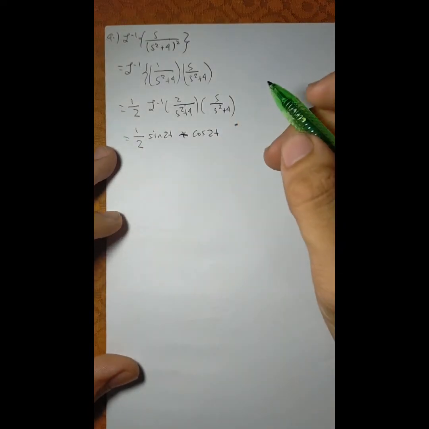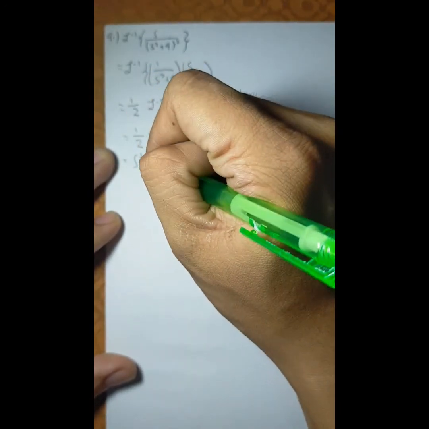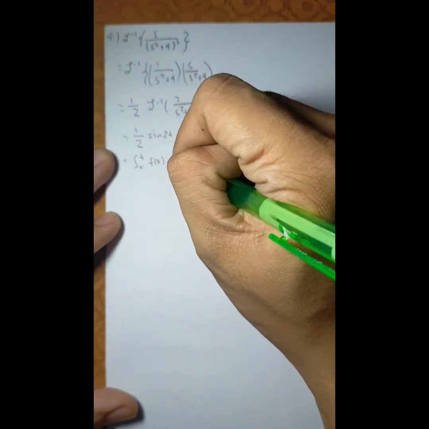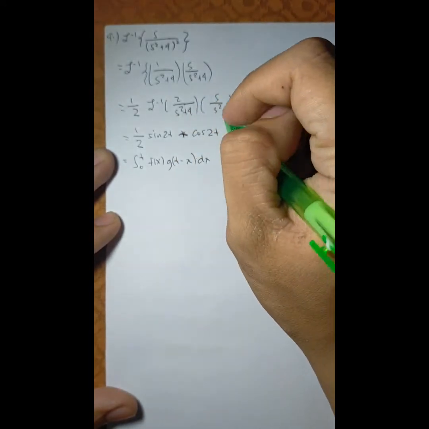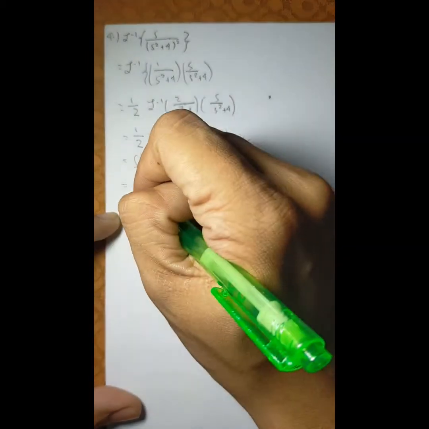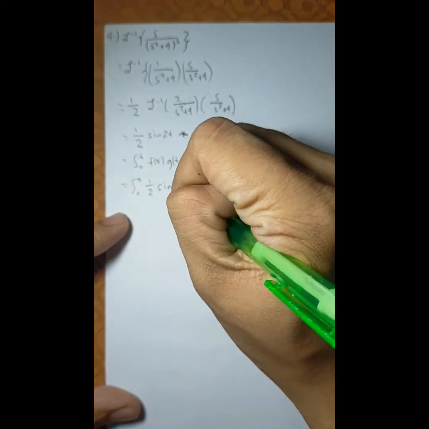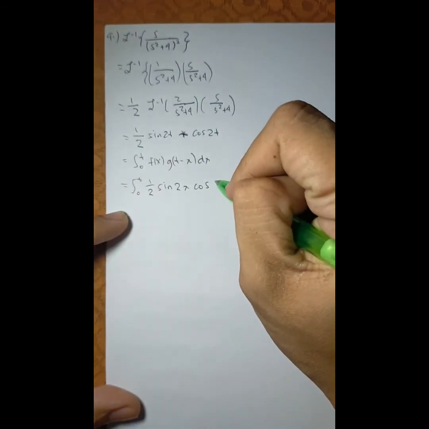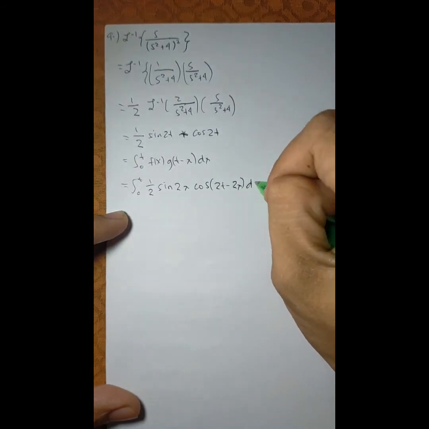And for our formula, we have integral from 0 to t of f of lambda times g of t minus lambda d lambda. So to input our given equation, we have integral from 0 to t of 1/2 sine 2 lambda times cosine of (2t minus 2 lambda) d lambda.